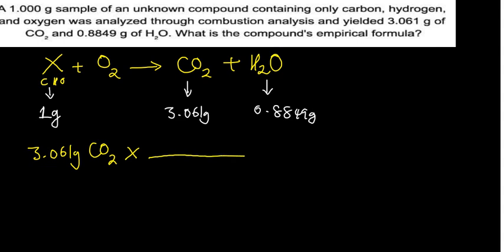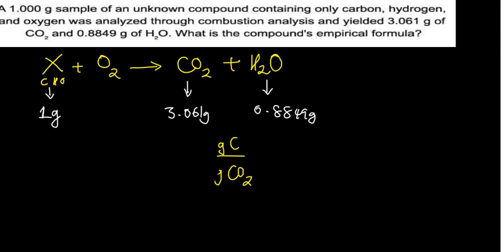We have gram carbon dioxide on top, so we put gram carbon dioxide down. Then we want to find the mass of just carbon, so we have a gram of carbon on top. The gram of carbon dioxide and the gram of carbon dioxide will cancel, and we remain with grams of carbon.